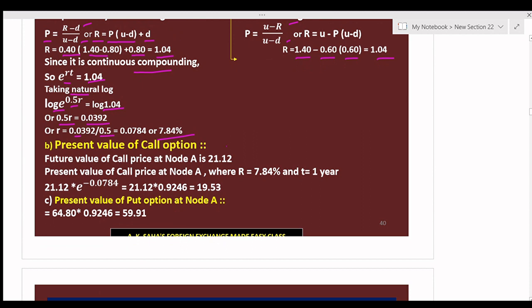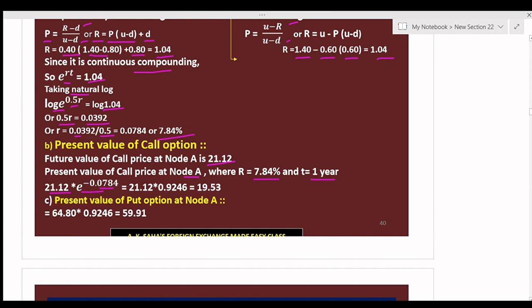The present value of the call option, future value is 21.12. Then the present value of call price at node A, where R is equal to 7.84% and T is equal to 1 year, is 21.12 into e to the power minus 0.0784.